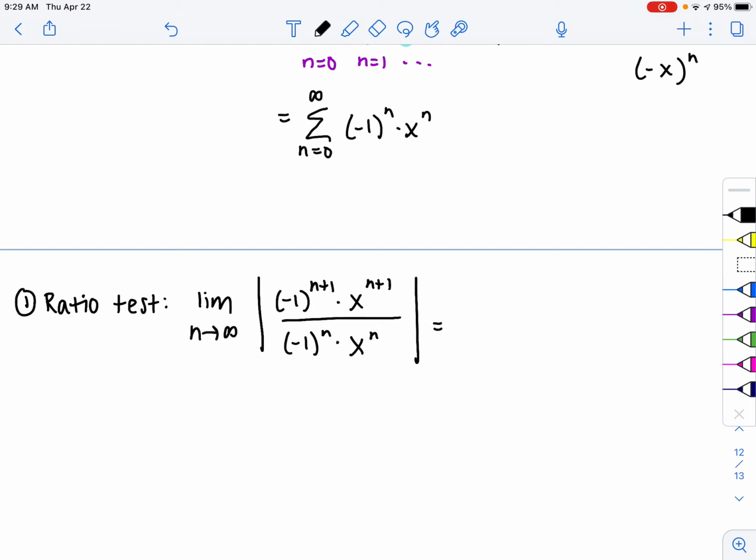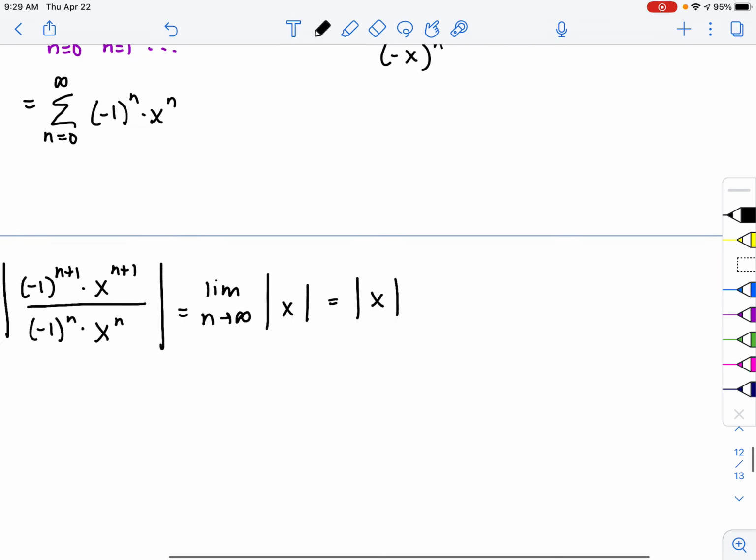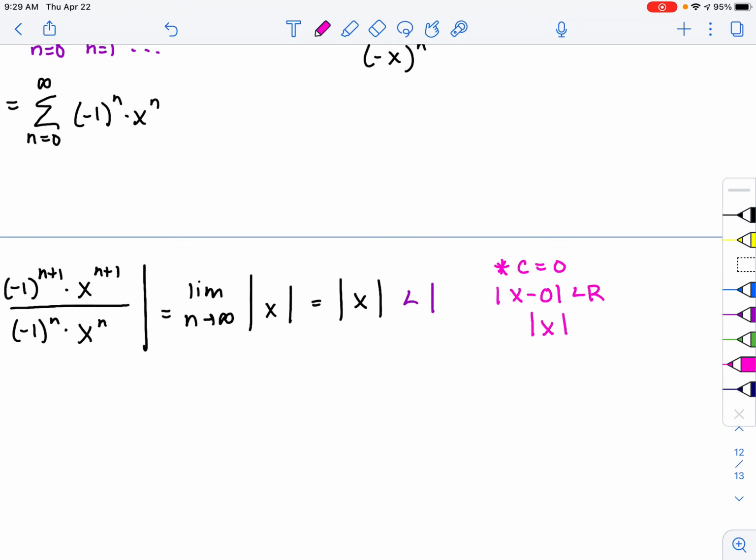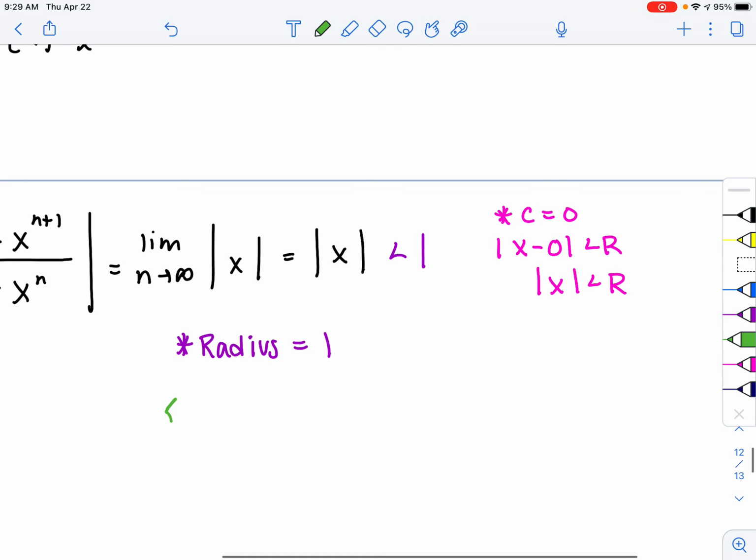The negatives are not really going to matter, so this is just the limit of n going to infinity of the absolute value of x, which equals the absolute value of x. We know for the ratio test that it converges when it's less than 1. Since this was a Maclaurin series, we had c equaling 0, which means we want x minus 0 to be less than r, or just the absolute value of x less than r. So this tells us that our radius of convergence is equal to 1.